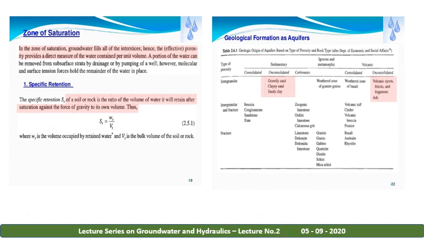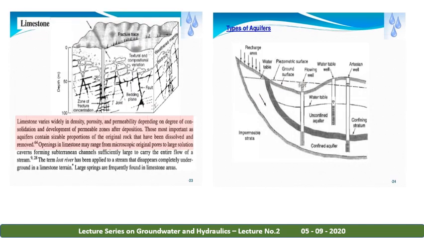Then we have geological formations as aquifers: intergranular and fracture zones. One example I will tell you, I am taking the limestone rock deposition. Limestone varies widely in density, porosity, and permeability depending on the degree of consolidation and development of permeable zones.